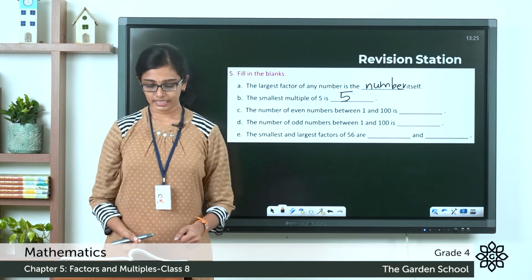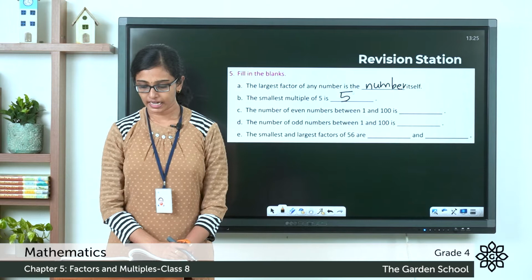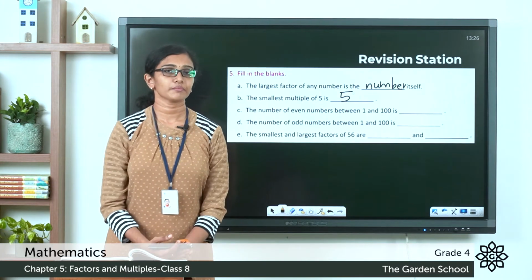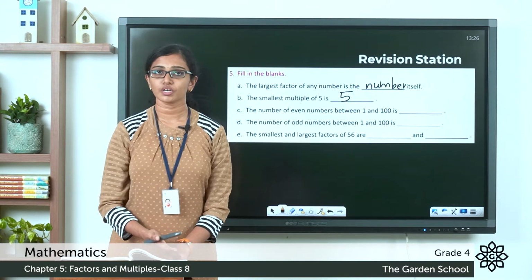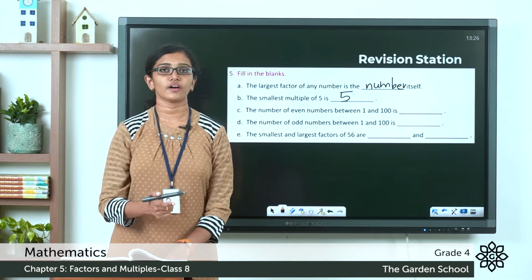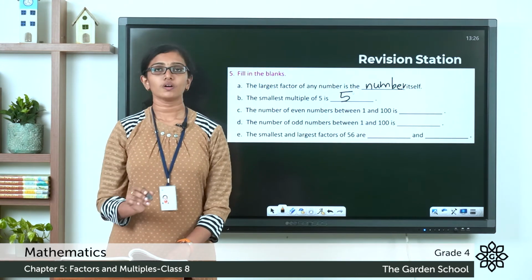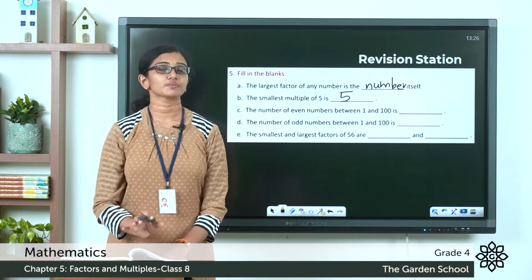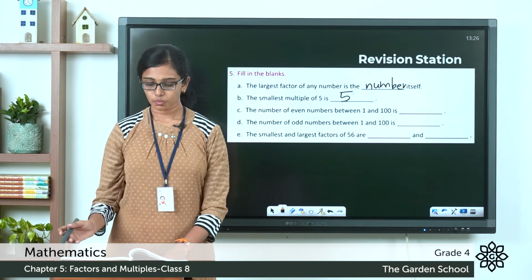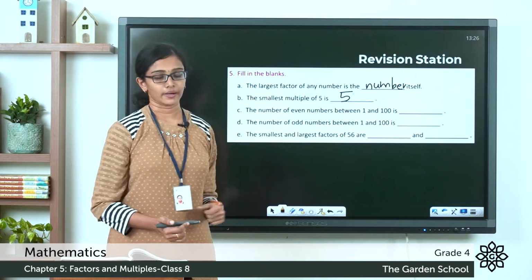Now, question C, the number of even numbers between 1 and 100 is dash. So, what are even numbers? Even numbers are those which end in 0, 2, 4, 6 or 8 and they are divisible by 2 as well. So, you write down all the possible even numbers between 1 and 100 in your notebook, count them and write the number here.